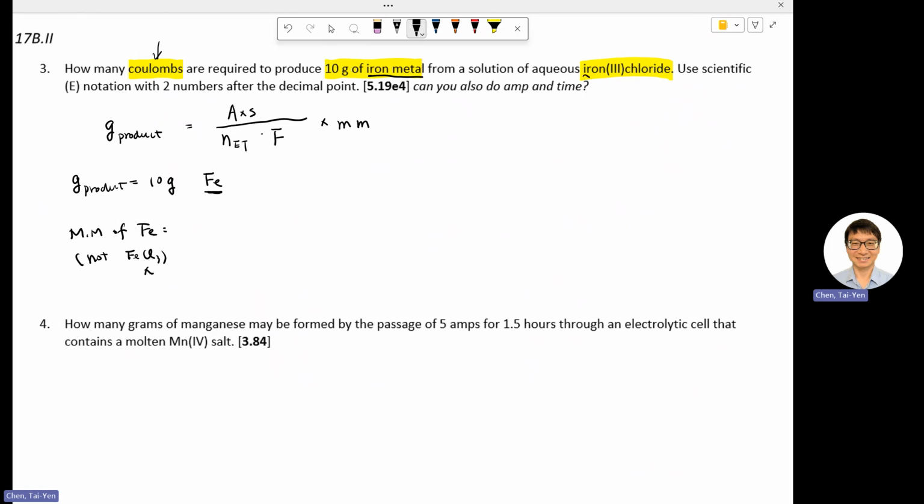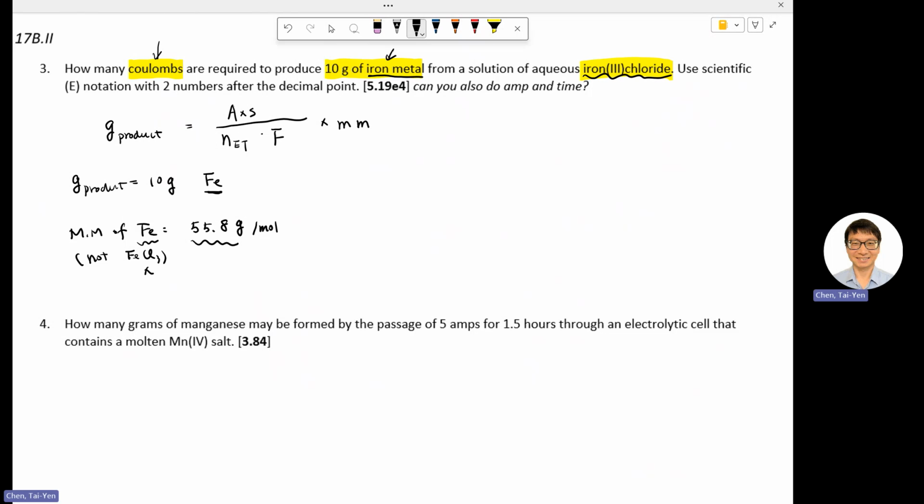This is not the thing you want to use. You want the molar mass of your product, and the product is your iron metal. If you check the periodic table, you will know the molar mass of iron is 55.8 grams per mole. So this is the number that you should use.